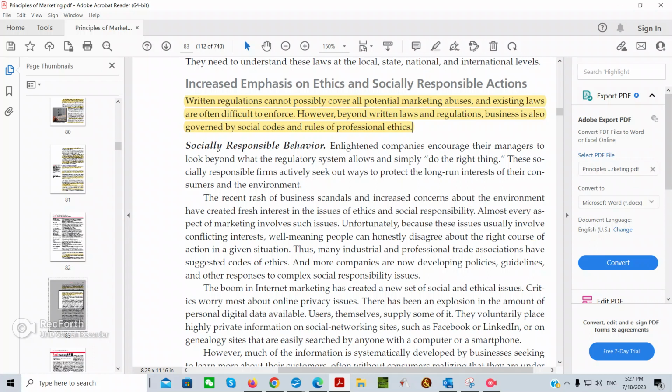Thus, many industrial and professional trade associations have suggested codes of ethics, and more companies are now developing policies, guidelines, and other responses to complex social responsibility issues. So let's look at that last part. This is an important thing to put in the book just because it is a reality in the market.